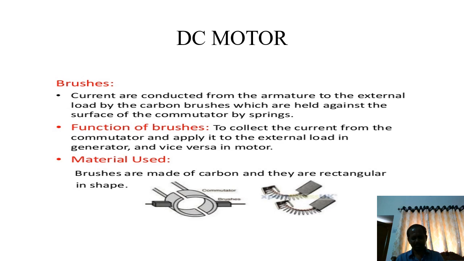In between them, these form the positive and negative terminals, where we provide the source. Here we are going to learn the function of the brush in DC machines. Current is conducted from the armature to the external load by the carbon brushes, which are held against the surface of the commutator by springs.